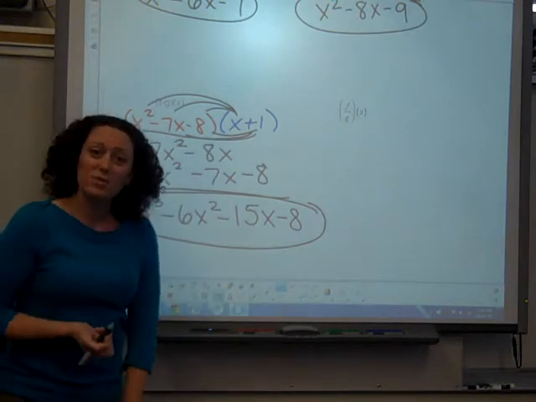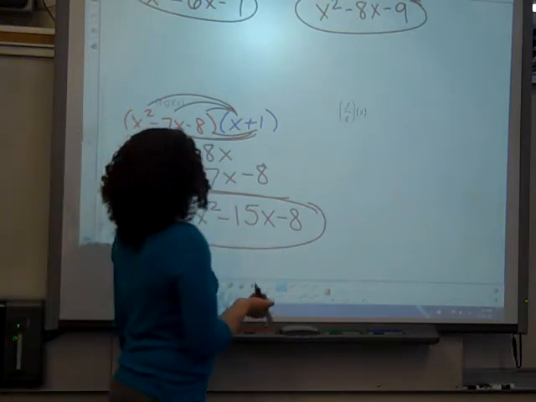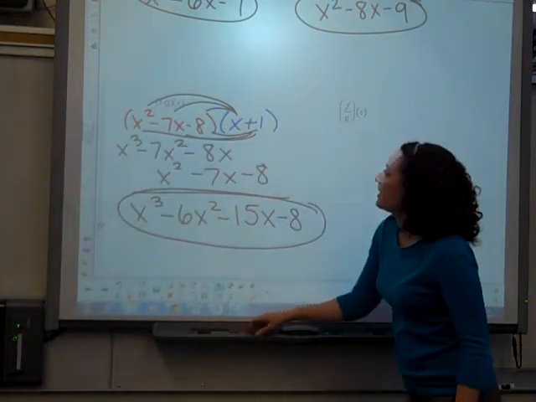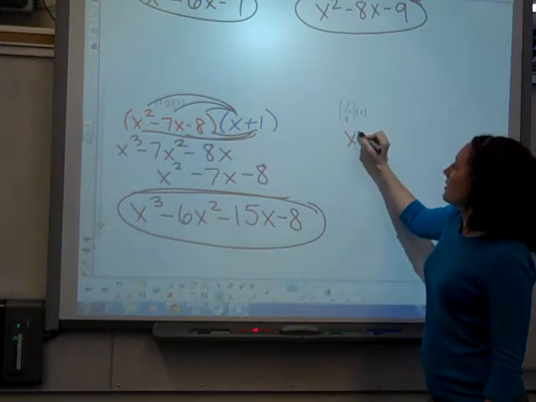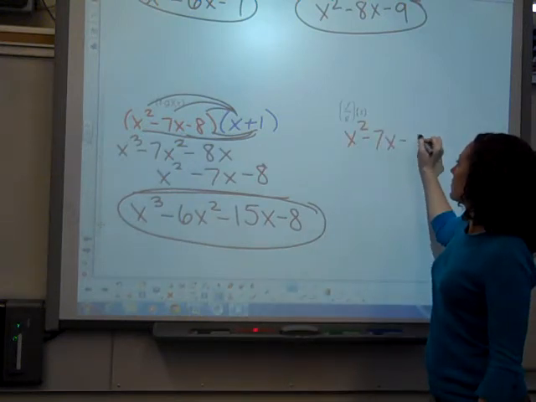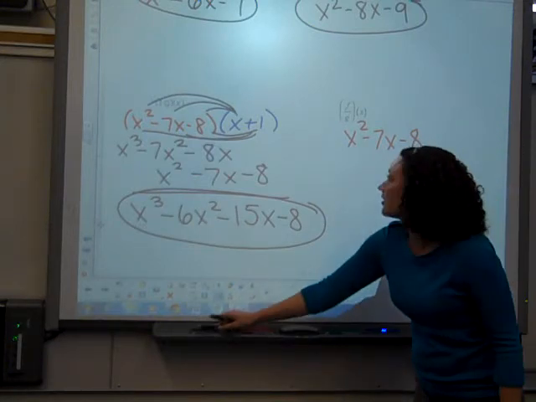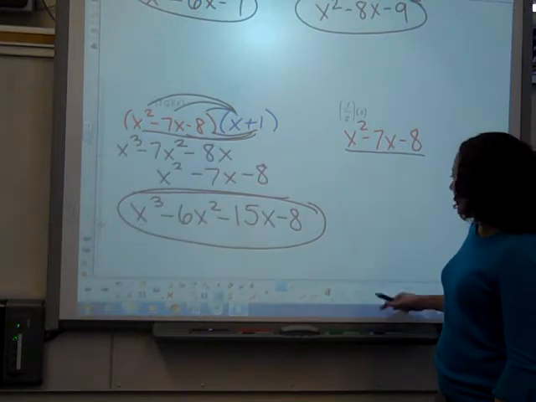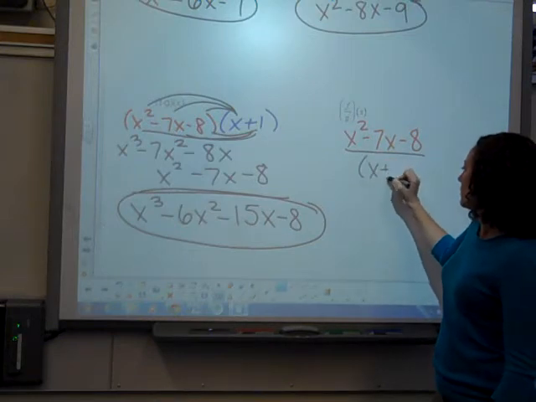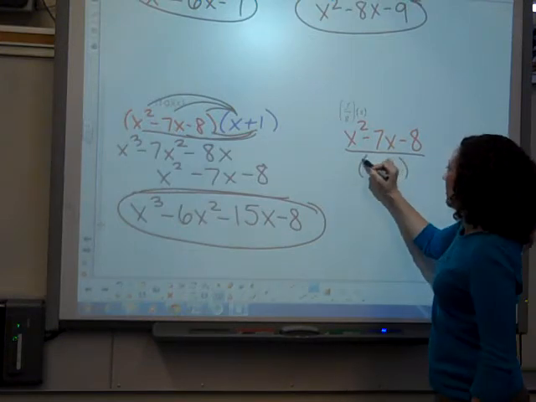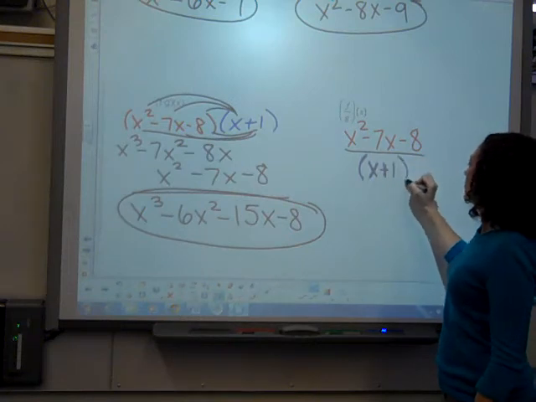Now dividing. Dividing is one that can sometimes cause some problems. So dividing, let's see. I'm going to take x squared minus 7x minus 8 and I need to put it over, literally divide, by x plus 1. Sorry about the colors there. Let's make that blue. Okay.